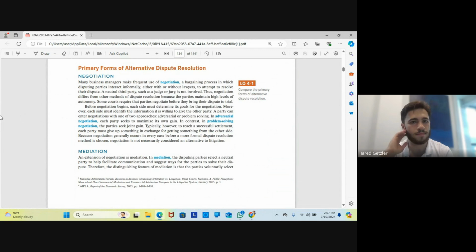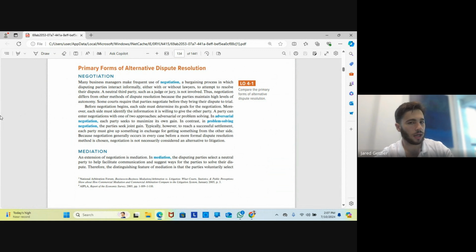The first type and the most lenient form of ADR is called negotiation. So all this is, it's two of the parties. Let's say we have a business called Wallet Manufacturers, Inc., and Fob Manufacturers, LLC.